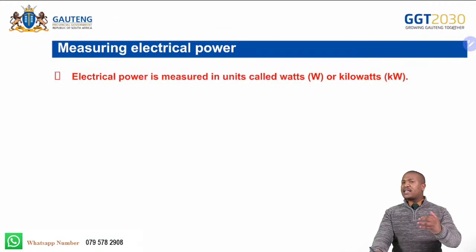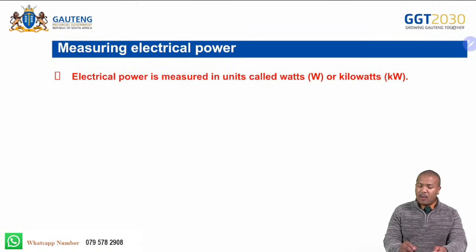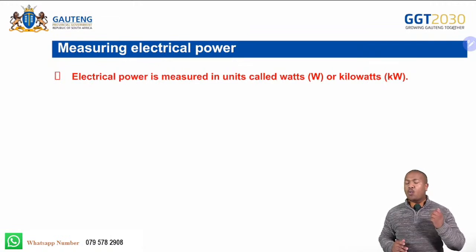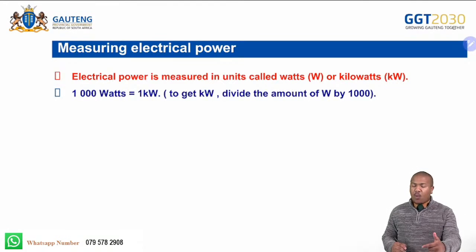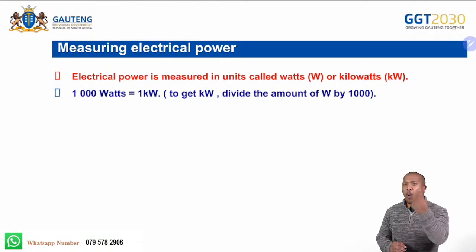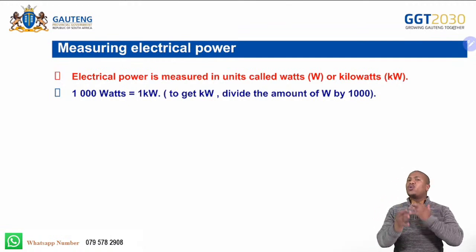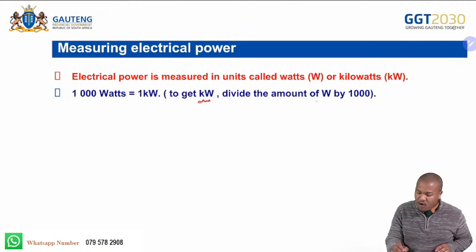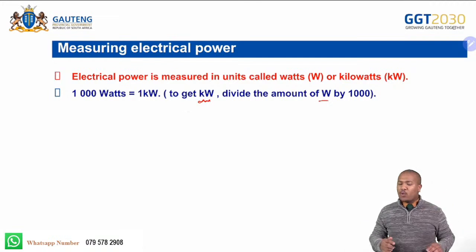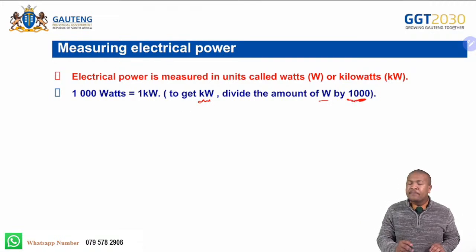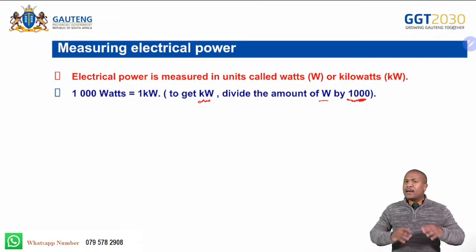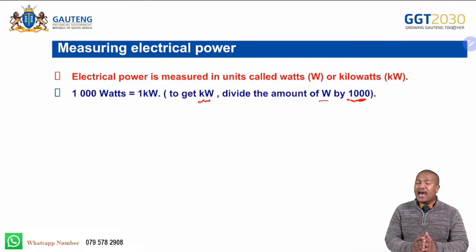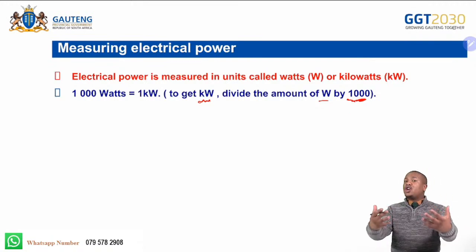So to emphasize this, we said that electrical power is measured in units called watts or kilowatts. And 1,000 watts is equal to 1 kilowatt. So we need to get the number of watts or vice versa. So we divide or multiply by 1,000. Some components are written in watts and some components are written in kilowatts.